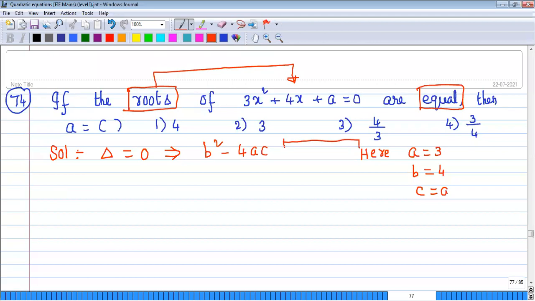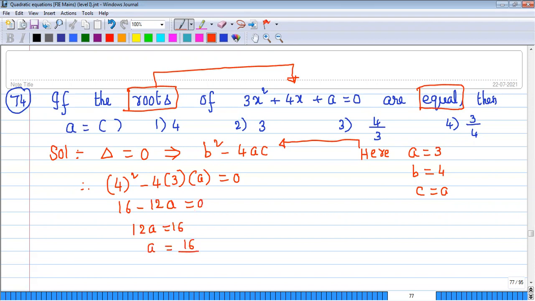So therefore we get 4 square minus 4 times 3 times a, that is 16 minus 12a equal to 0. 12a equals to 16, a equals to 16 upon 12. Dividing by 4, that is 4 upon 3. This is the right answer. Third option is the right option.